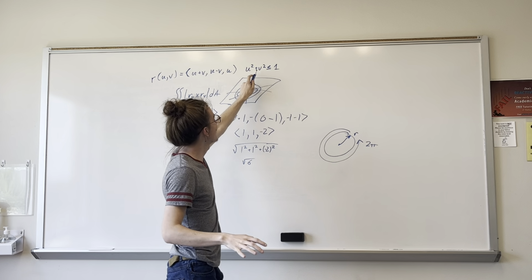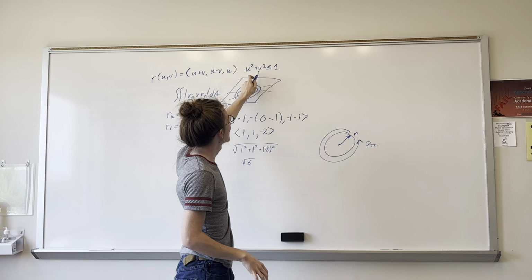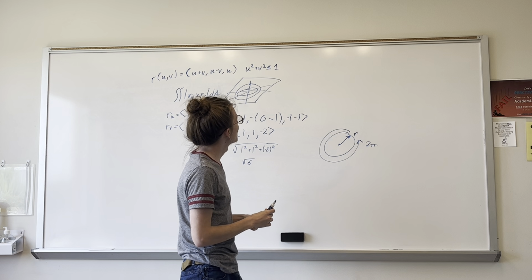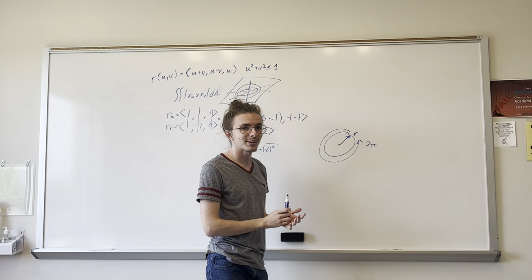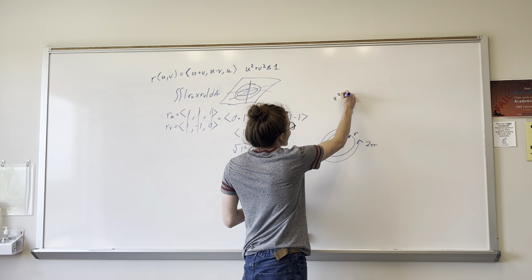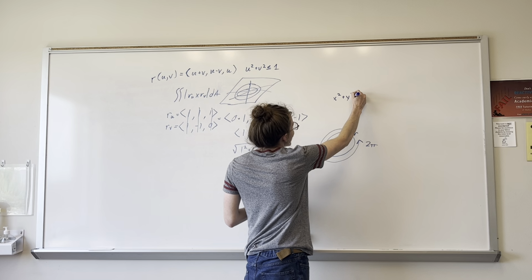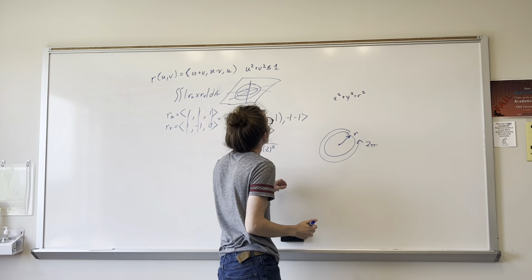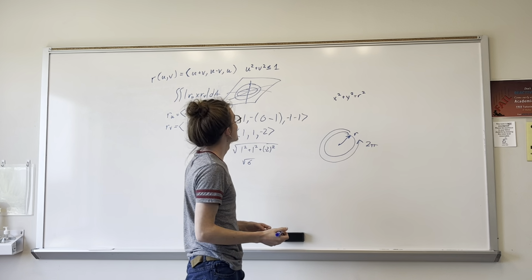Now this is real nice. If we look here, we have u squared plus v squared less than or equal to 1. Now this looks familiar, since x squared plus y squared equals r squared. We'll just treat it in the same way.